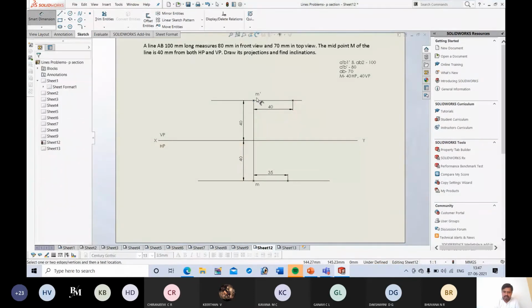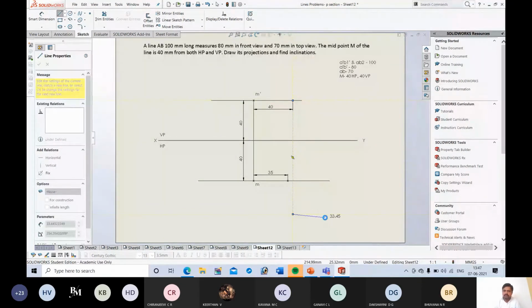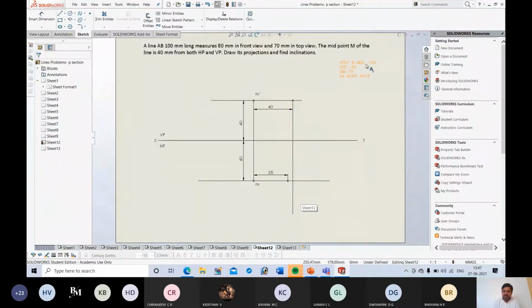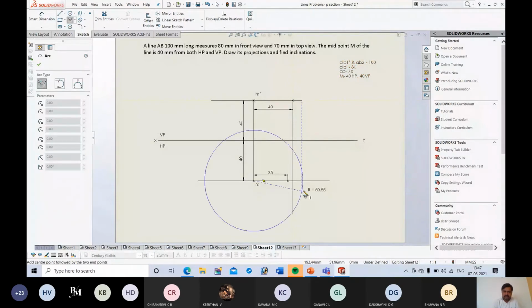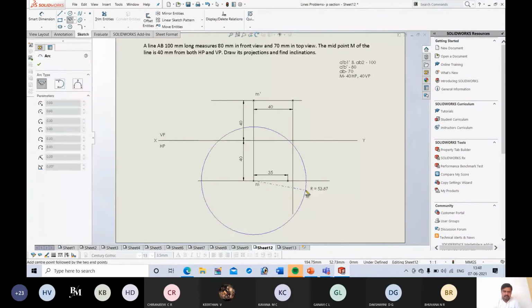After marking the length of the views, this is the length of the front view. From the locus of M, I should draw a vertical. On this vertical line only, I should get the true length. Now I know the true length, half of it is 50. So take a compass and draw an arc having 50 mm radius.